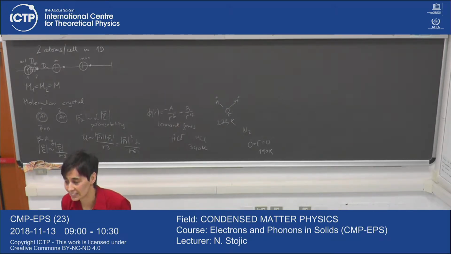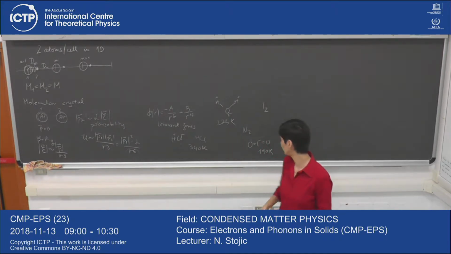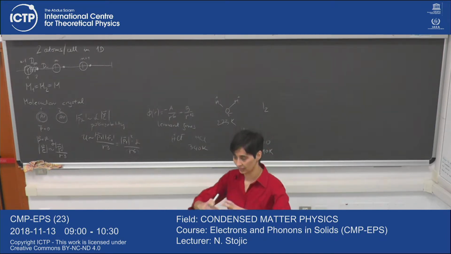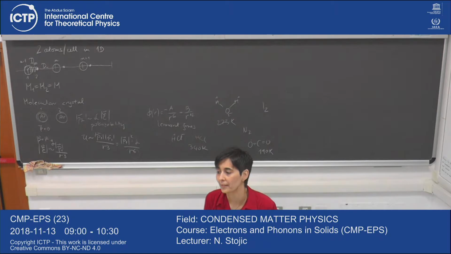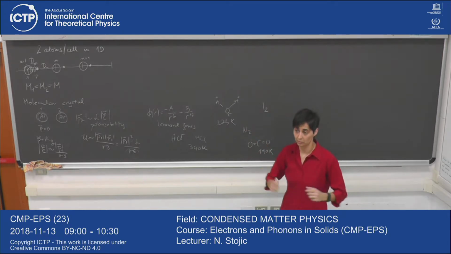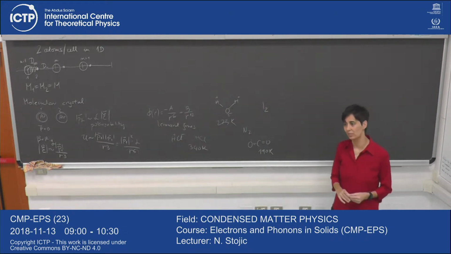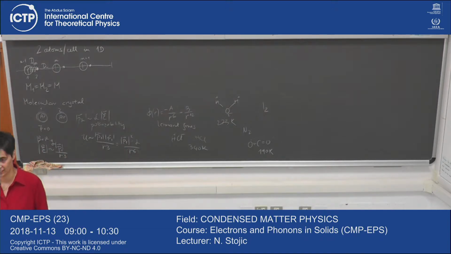For example, iodine, the molecule I2, has quite a high melting temperature, although it's similar to N2. It's quite low in the periodic column and has far electrons, so they can distort a lot due to van der Waals forces. There are some things which are not easy to read off, but once you see what's happening, you can explain it. Some things you can, of course, predict easily. Not everything. Fine.